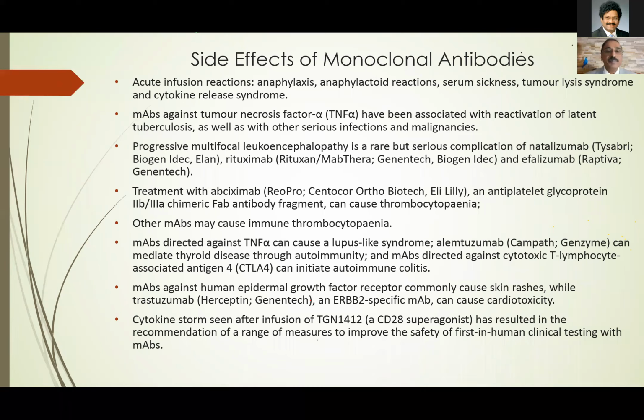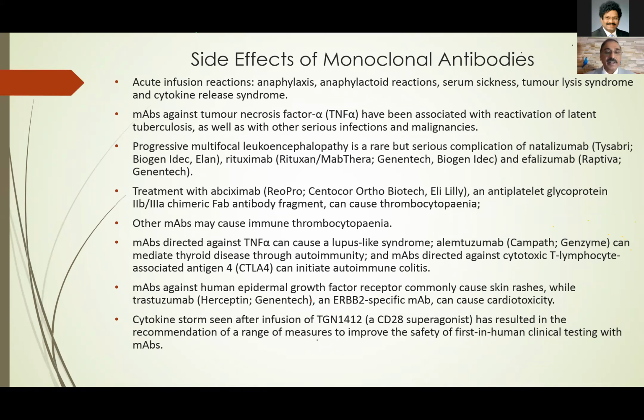Treatment with abciximab, an antiplatelet glycoprotein antibody, which we talked about, causes thrombocytopenia. It may result in an immune response, with autoimmune thrombocytopenia occurring with these monoclonal antibodies. So one should be careful about those things to keep in mind. Anytime you're using these antibodies, autoimmunity can develop and eventually result in autoimmune problems.